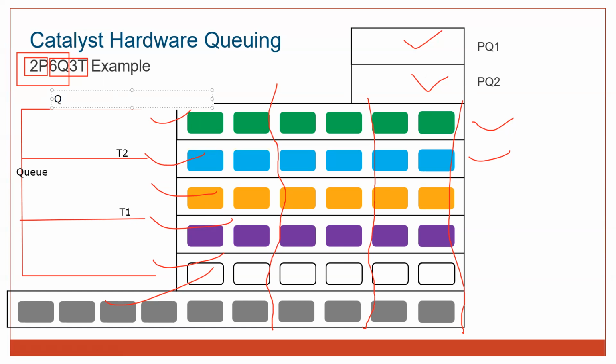So suppose this is an example related to Q3, but within Q3 you also have Q3 T1, Q3 T2, and Q3 T3, right? Like that you will be having Q4 T1, Q4 T2, Q4 T3, then Q5, Q6, Q7.